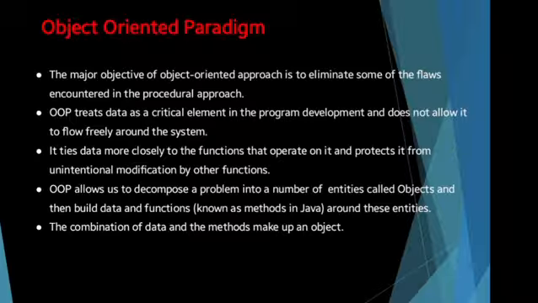The data consists of student name, roll number, marks. Methods or functions display details of, calculate grade of, or update marks of. The combination of data and methods forms an object. This makes the program more organized because every object manages its own data.